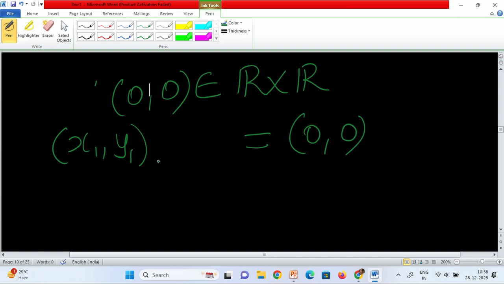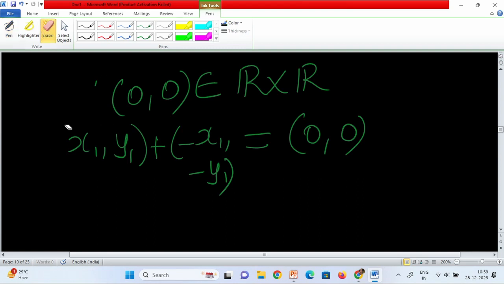So if you add minus x1 comma minus y1, then we will get the identity element of R cross R. So minus x1 comma minus y1 is the inverse element of x1 comma y1 in R cross R.